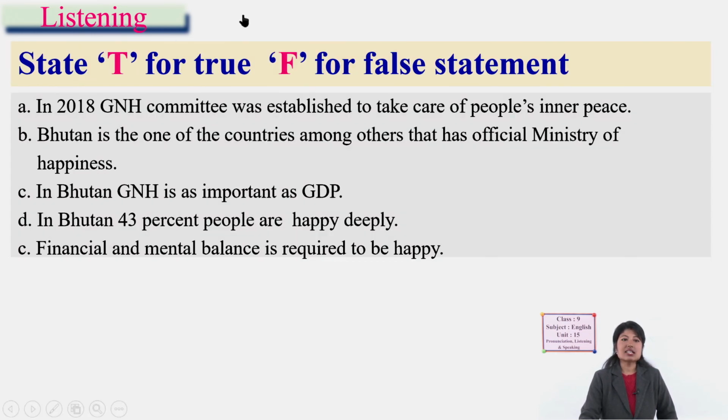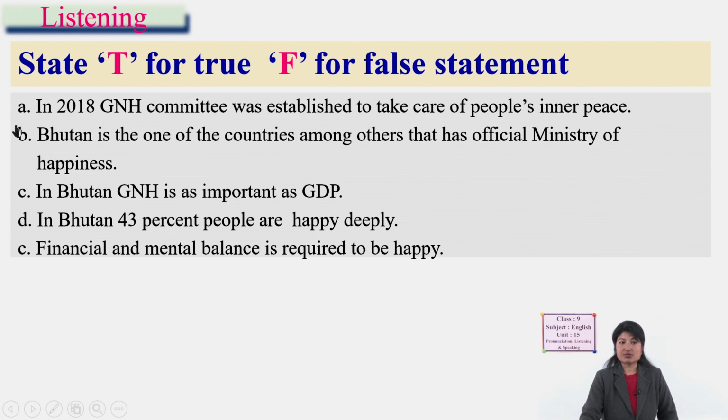Next, state T for true, F for false. This is not given in your book. I have brought some additional exercise for you. As you listen, find out and state true or false for these statements as well. A. In 2018, the GNH committee was established to take care of people's inner peace.